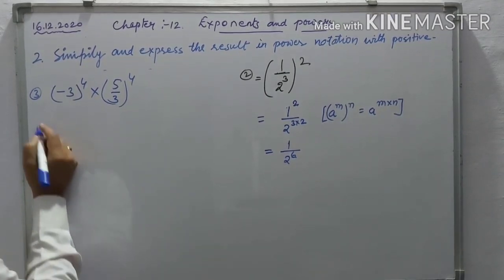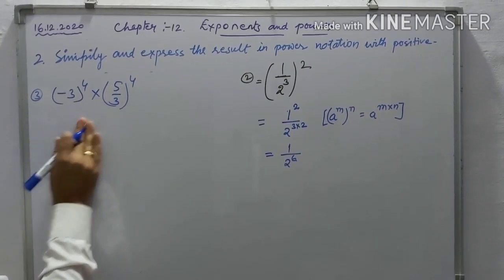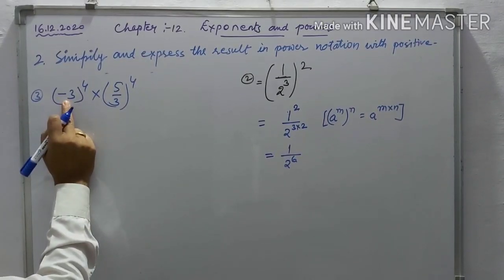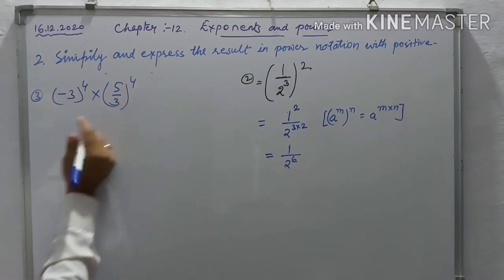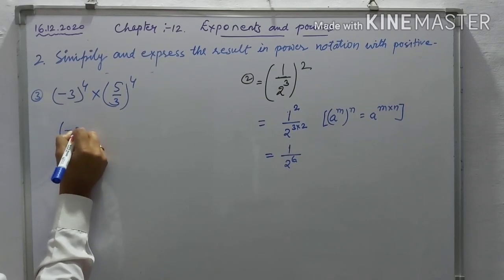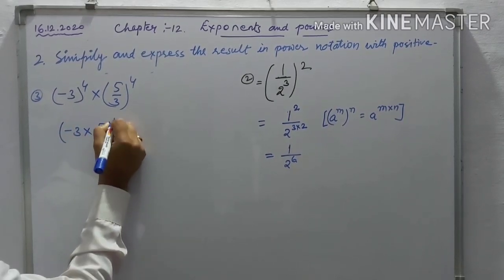Now solve that. Here the base is minus 3 into 5 upon 3, and the power is 4. So which rule do we use for (−3 into 5 upon 3) power of 4?